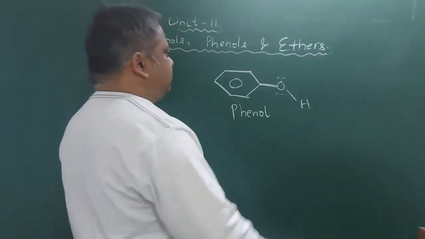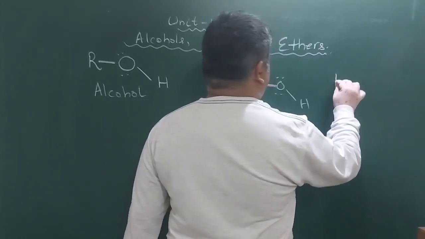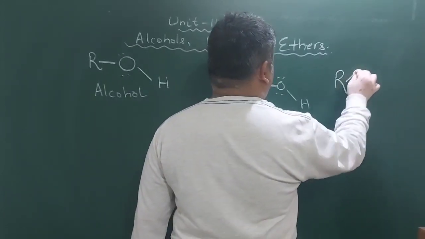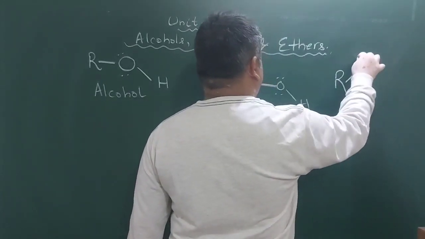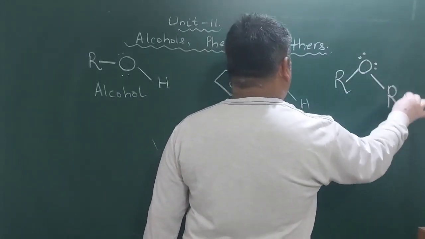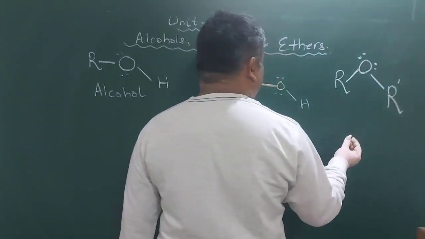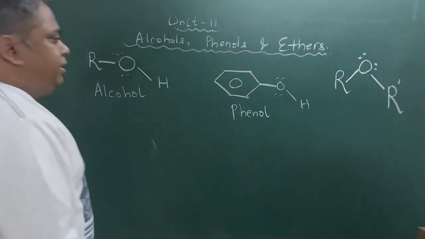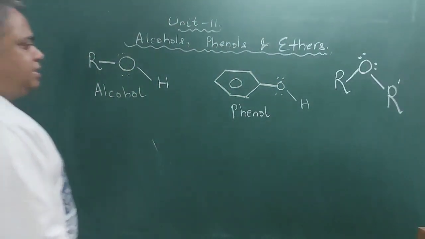And ethers: if there is any alkyl group, then oxygen, and again another alkyl group or an aryl group. Okay, so this could be aromatic, could be aliphatic. These are called ethers.